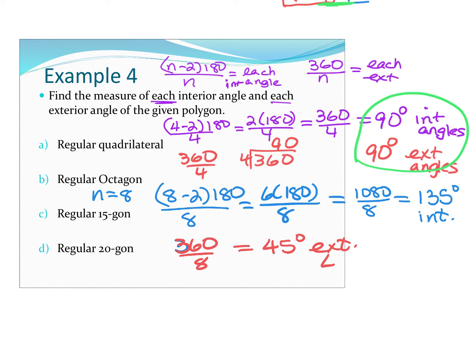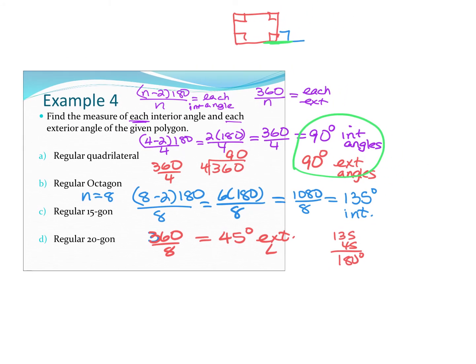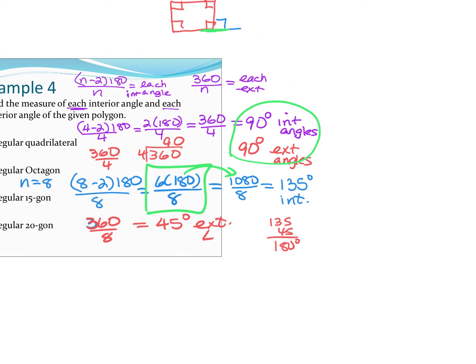And again, if you wanted to double check it, quickly add 135 and 45, and it does equal 180. So it's a little quick check to make sure you're doing it right. Now, since we're not using calculators, another technique is, instead of multiplying this and getting this big number and then having to do the division, I could take my 6 times 180 and look for things to simplify.